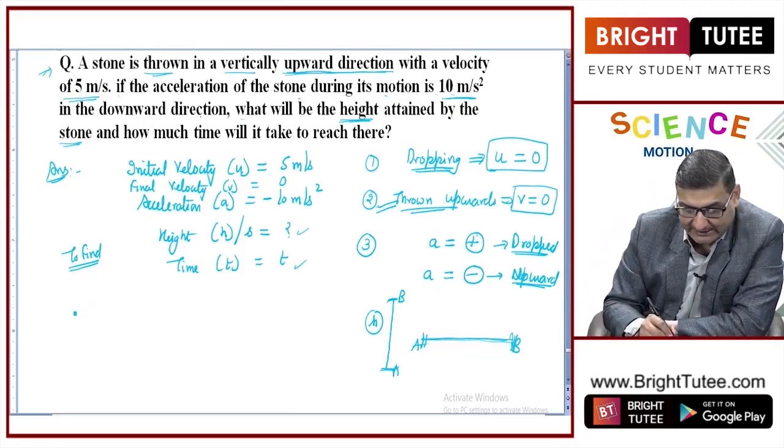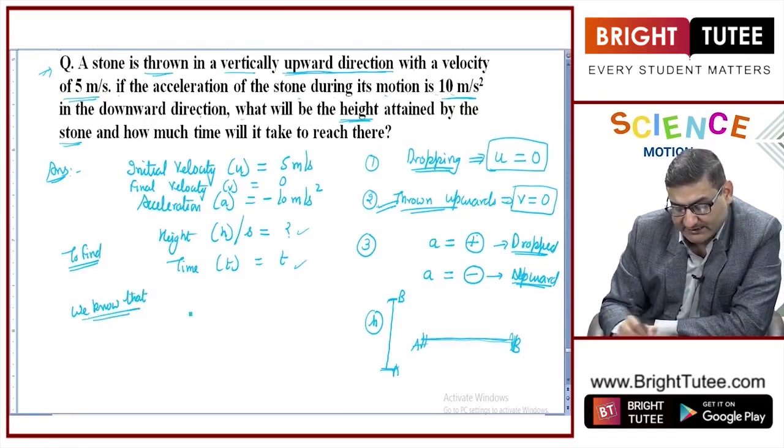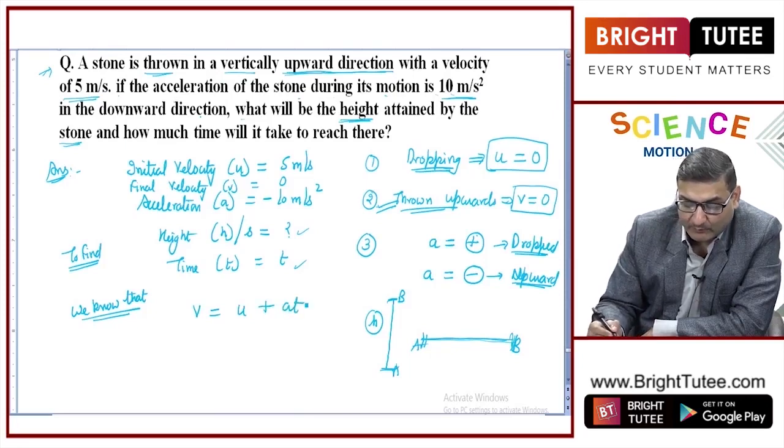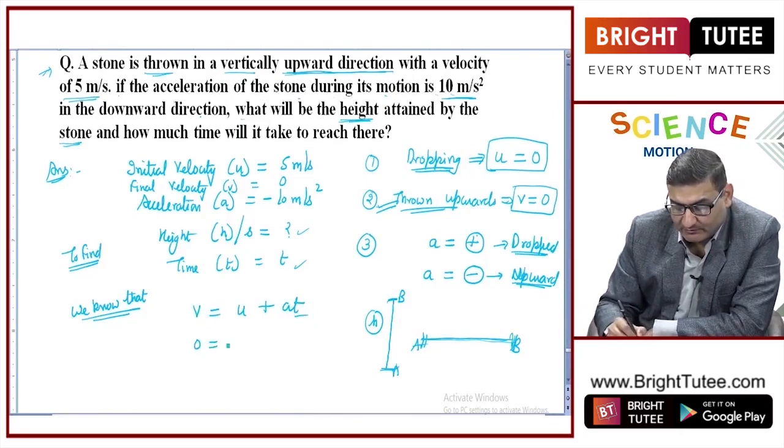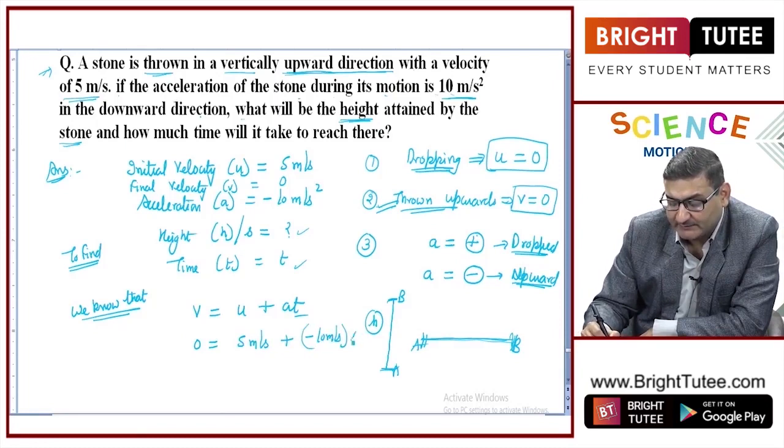For calculating time, I will apply the first equation of motion. We know that the first equation of motion states that v is equal to u plus at. I am provided with u, v and a. I will calculate t. Putting the values, v is given to be 0. u, the initial velocity, is 5 meter per second, plus a is minus 10 meter per second square, multiplied by t, right.